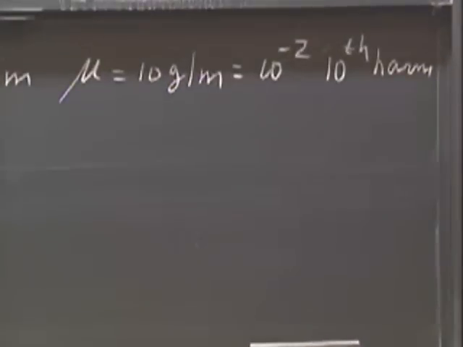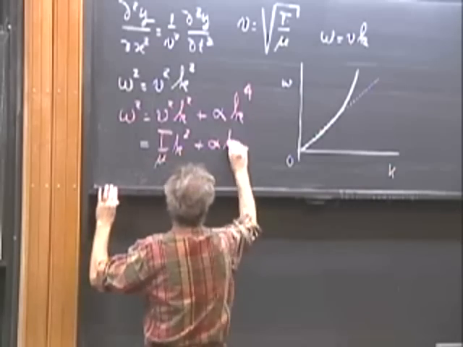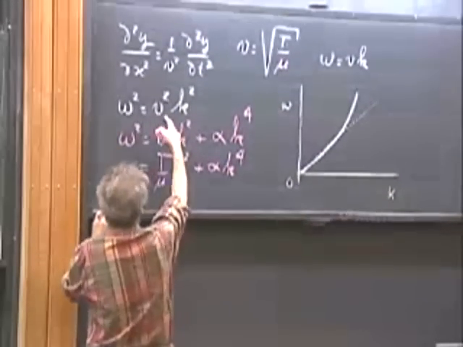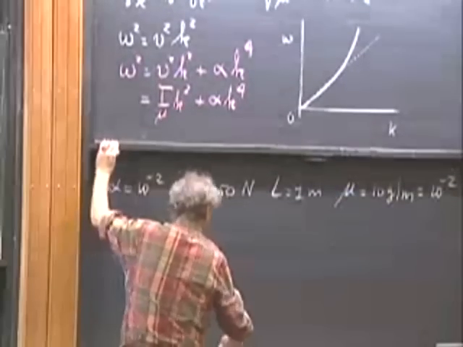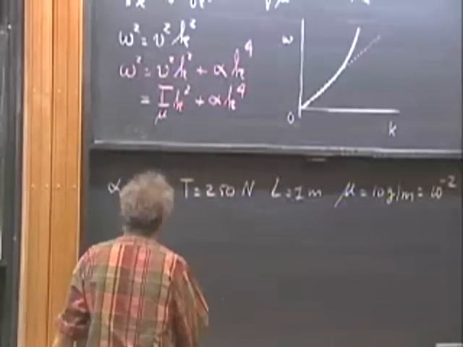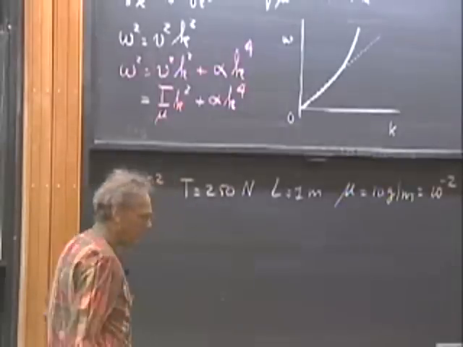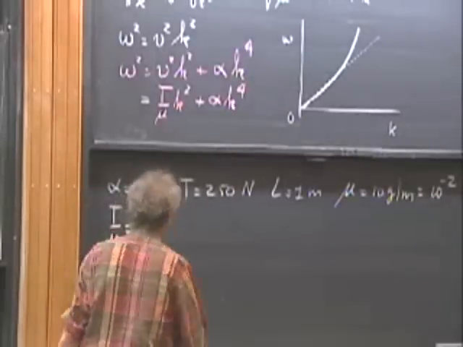Well, T divided by mu, by the way, can be written, I will write it down again, this is also T divided by mu times k squared plus alpha k to the fourth. This V, remember, was T divided by mu. So T divided by mu, that's easy enough. That is 2.5 times 10 to the fourth.